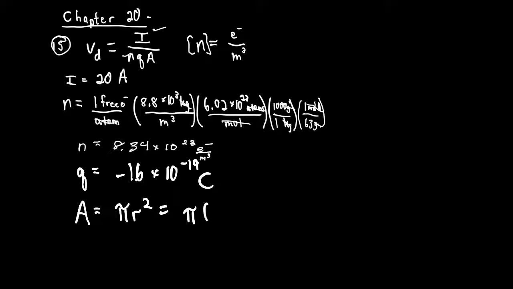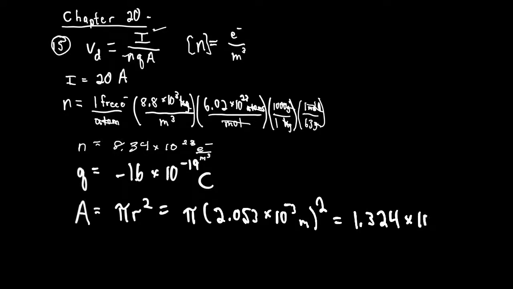That'd be pi times this radius of 2.053 times 10 to the negative 3, which gives us an area of 1.324 times 10 to the negative 5.